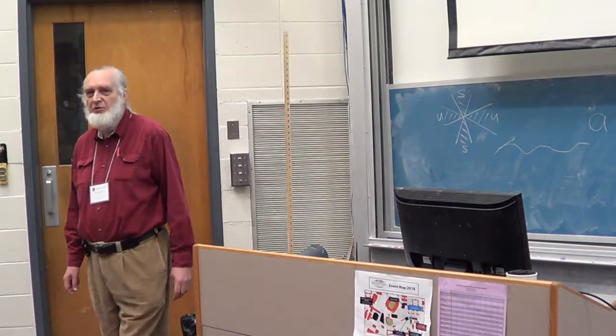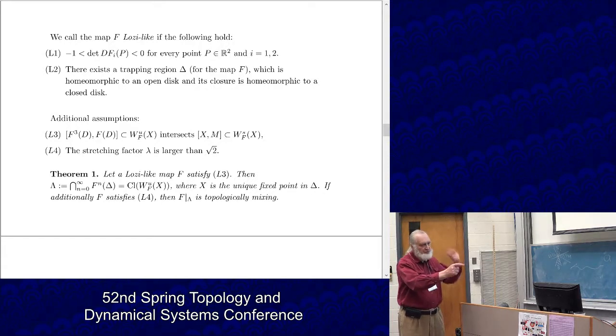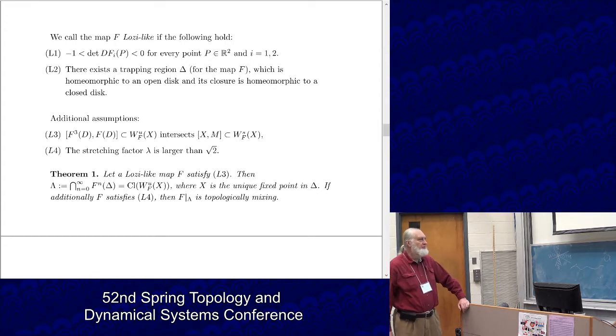If the slope is smaller than square root of 2, then you have two intervals such that this goes here, this goes here. This is a cycle of intervals of length 2.